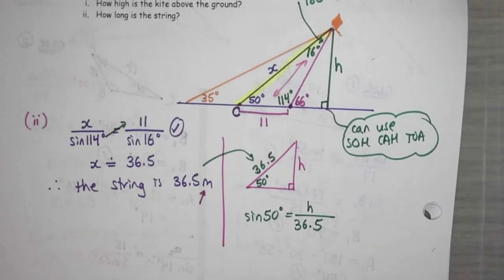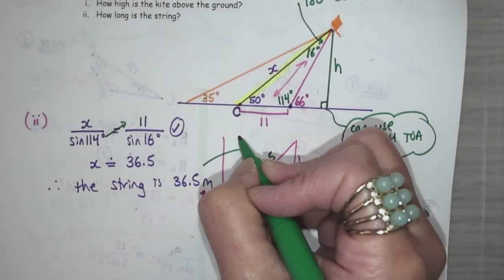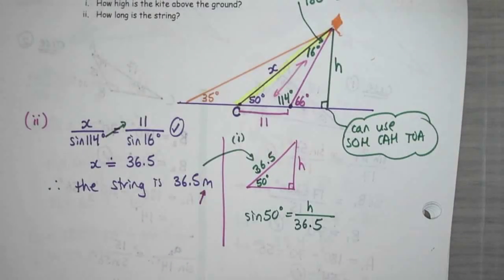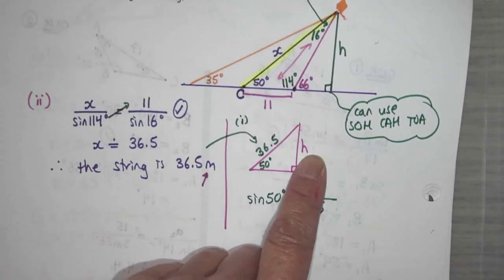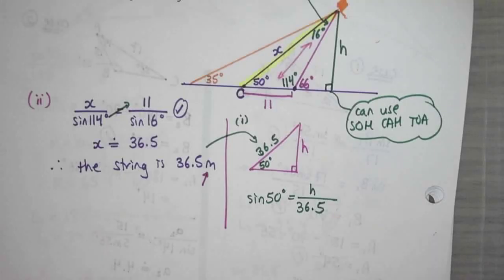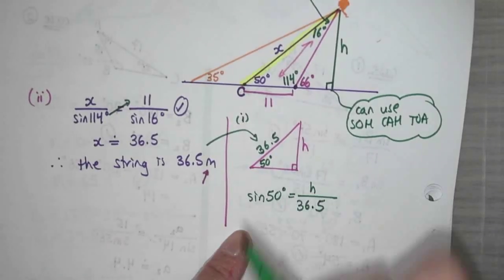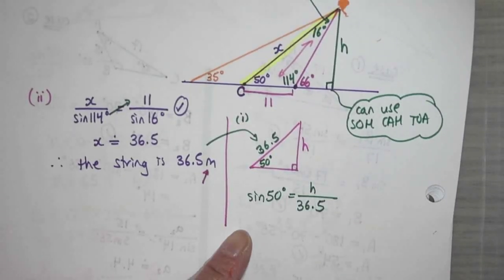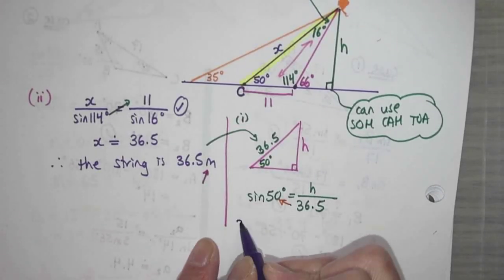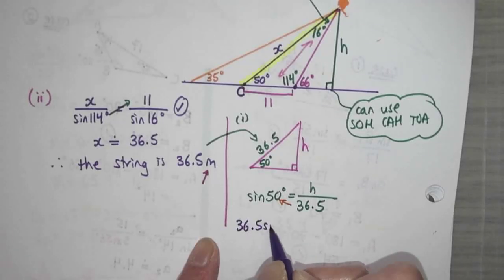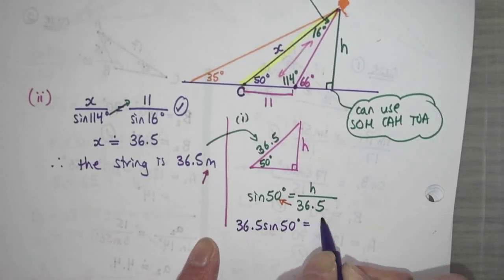Opposite over hypotenuse. So h over 36.5. It'll be 36.5 sine of 50 equals h.